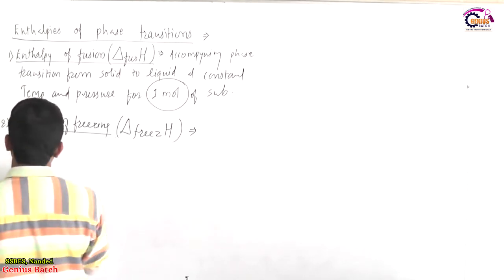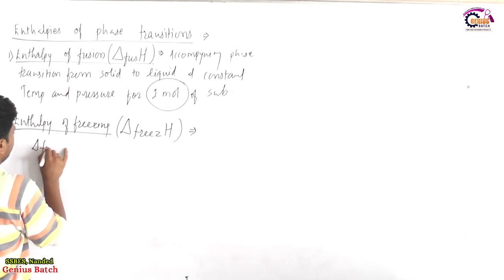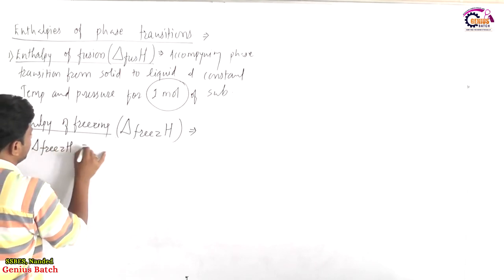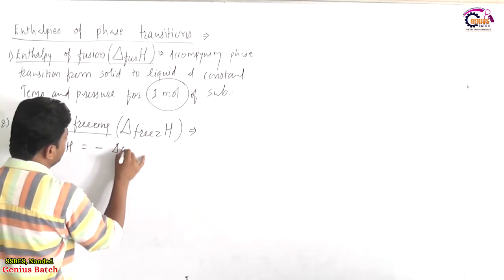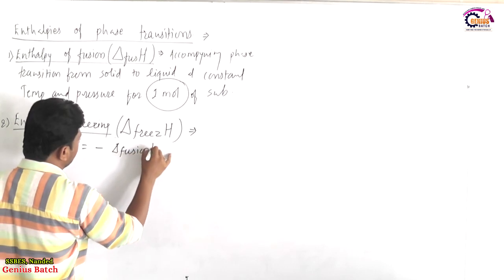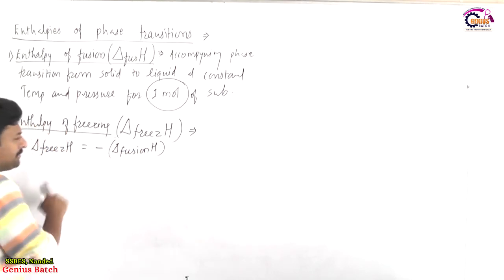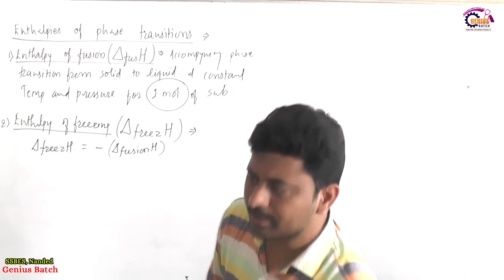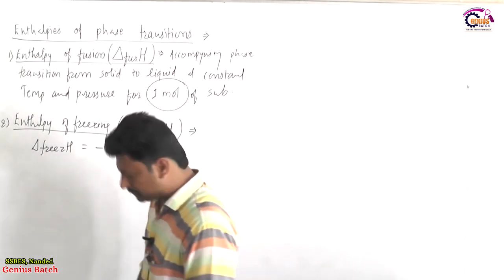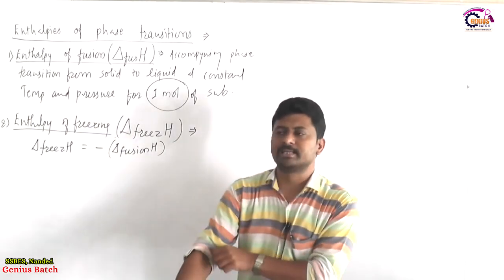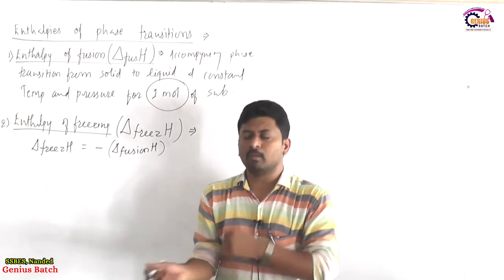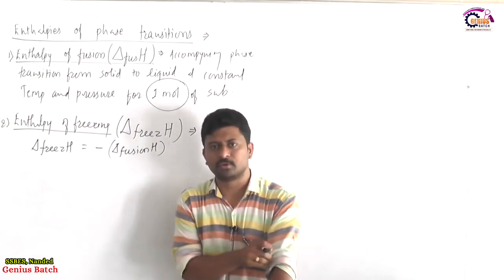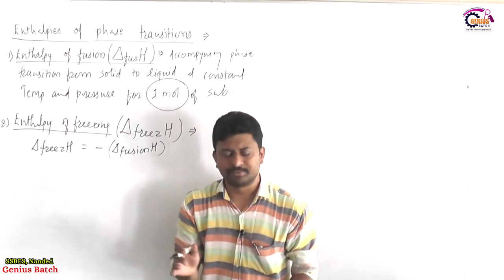So as a convention we can say enthalpy of freezing is equal to minus of enthalpy of fusion. So if it was plus X for a transition of 1 mole solid into liquid, then this will be minus X for transition of 1 mole of liquid into solid. Rest everything will be the same.